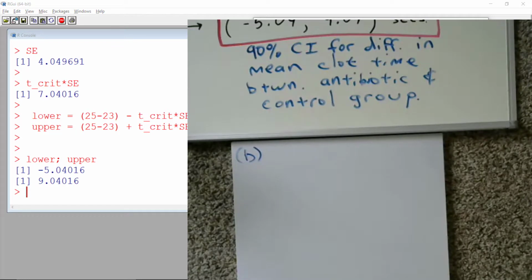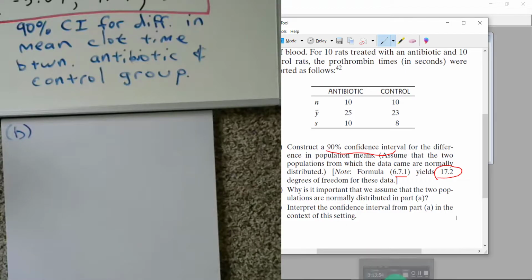We're going to interpret this interval in a moment, but part B of this problem asks, why is it important that we assume that the two populations are normally distributed from part A? Reflect back on the requirements in order for this process to be valid. One of the requirements is that the two samples have come from normal distributions.